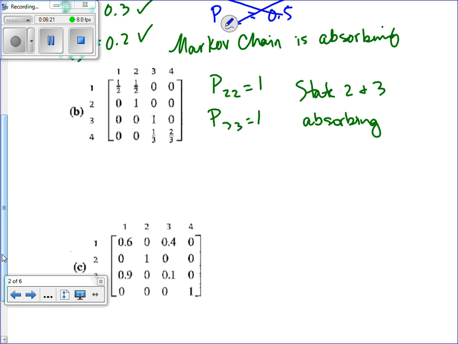Sorry, 1 goes into 2 with a probability of 1/2. So that one's going to work. And I also see that 4 goes into 3 with a probability of 1/3. So that's also an absorbing state.